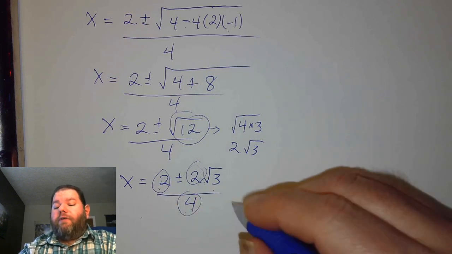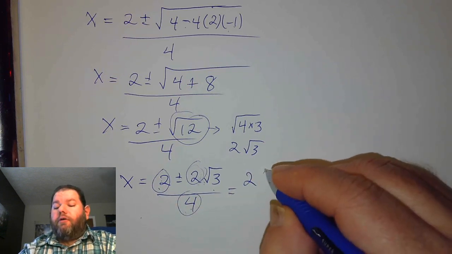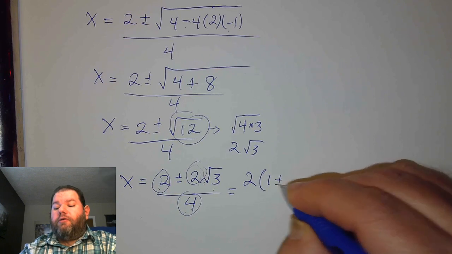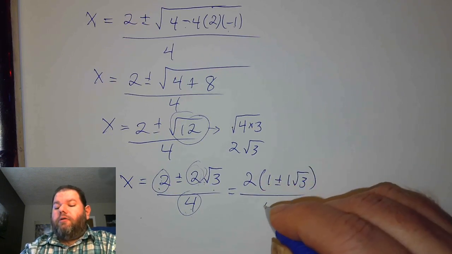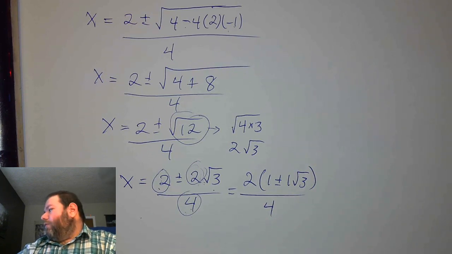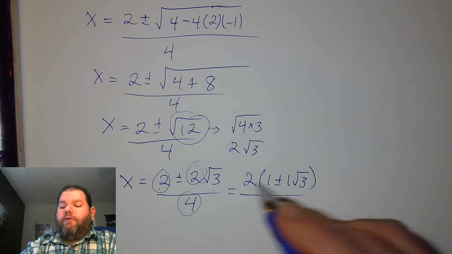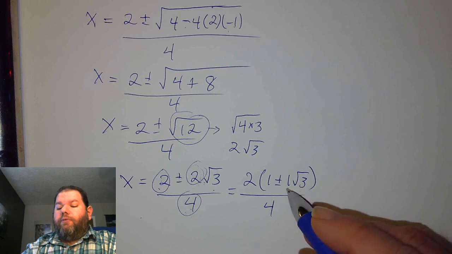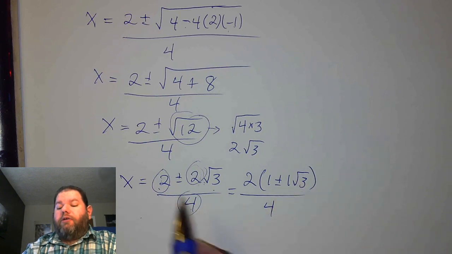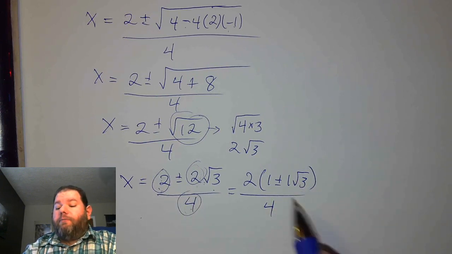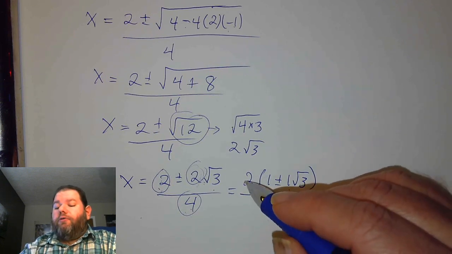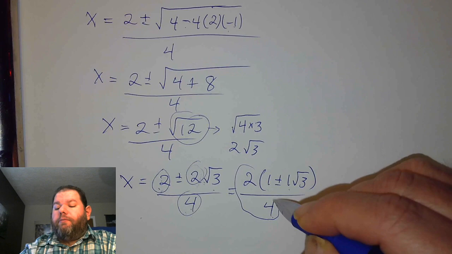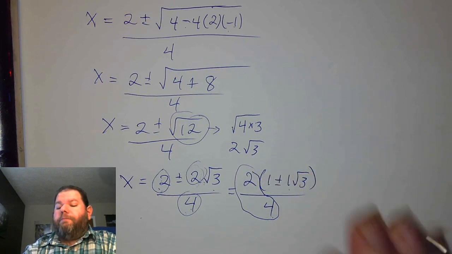For instance, if we factor out the 2 on the numerator, it's 1 plus or minus 1 times the square root of 3. Just dividing 2 out of both terms, so it leaves them both as 1s. And then the 2 and the 4 can now reduce. Okay?